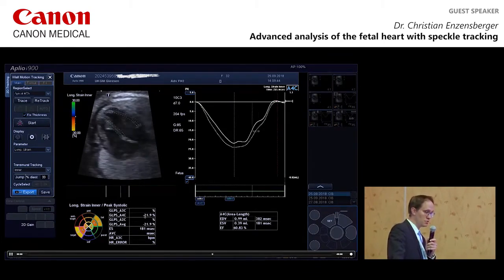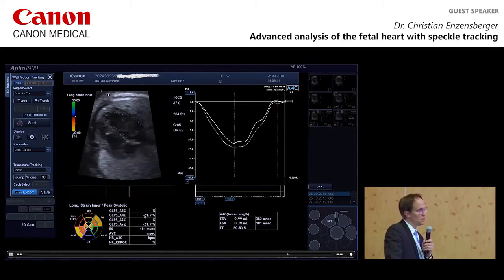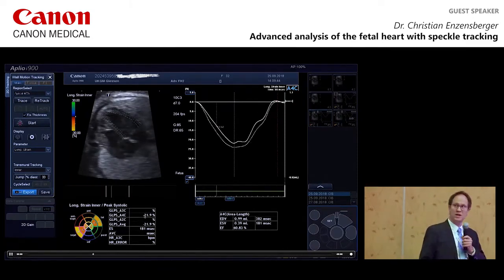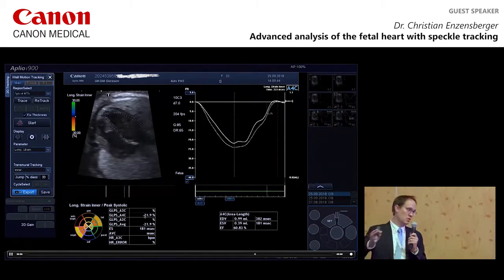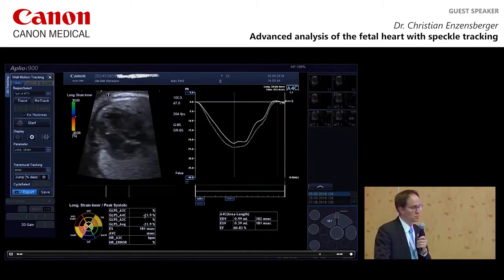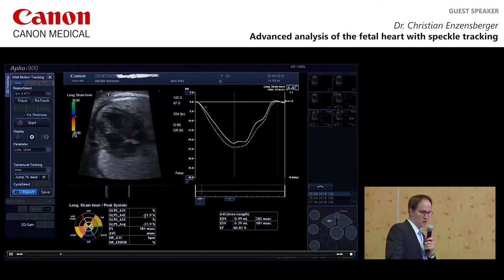Now, when you think about the fact that it is something which comes from adult echocardiography, we have to think about the fact that in a fetal situation we have much higher heart rates. So that means, on the other hand, our temporal resolution is worse than in the adult situation.